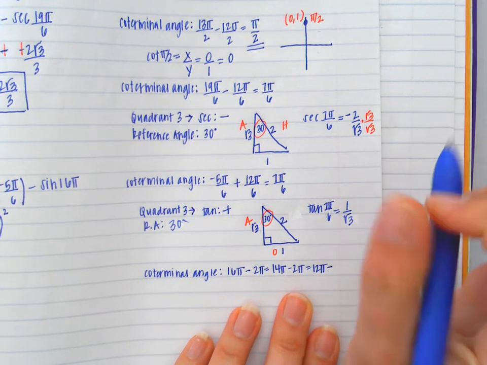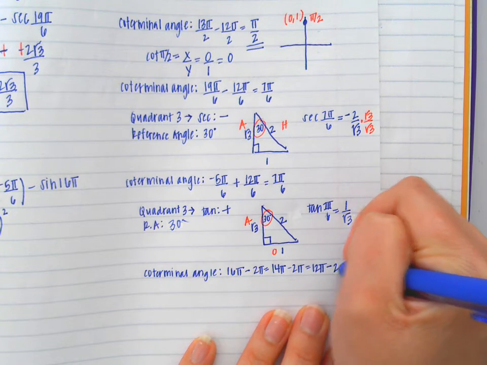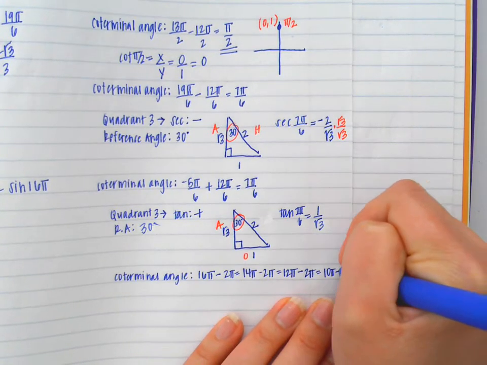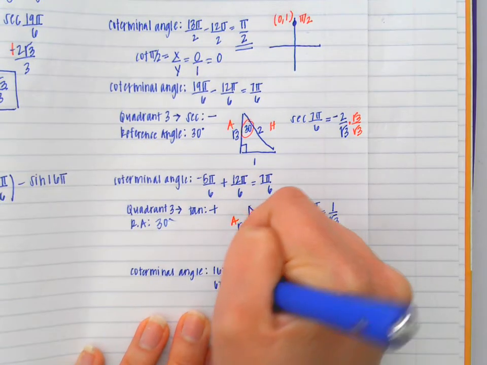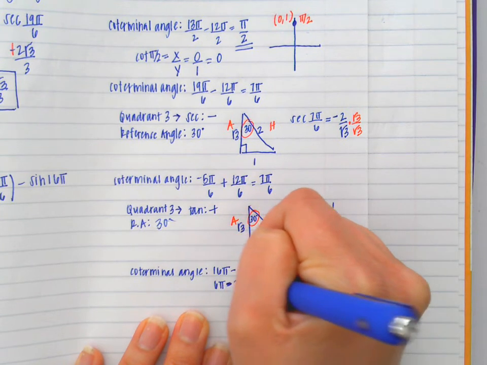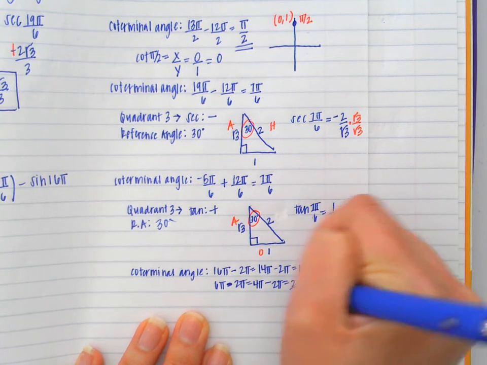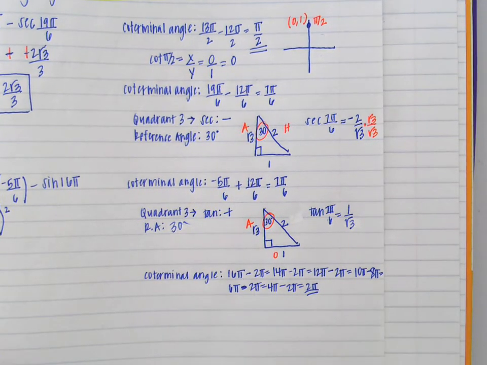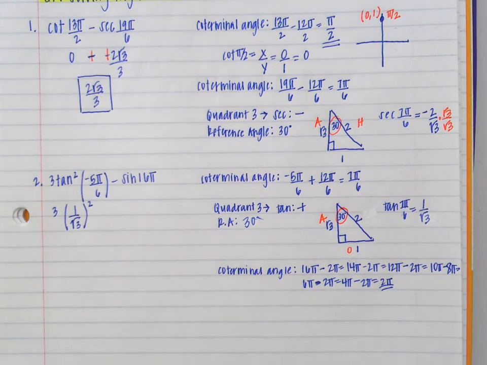I can keep going and going, but ultimately we're just going to get down to 2 pi. Or, 16 pi is an increment of 2 pi, so I knew it was either 2 pi or 0.